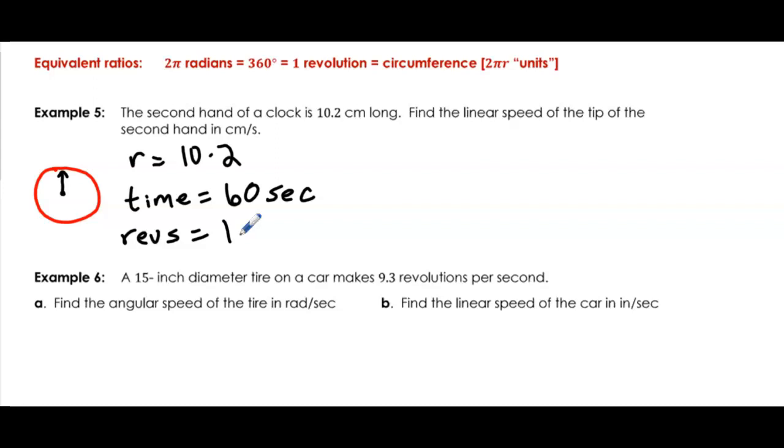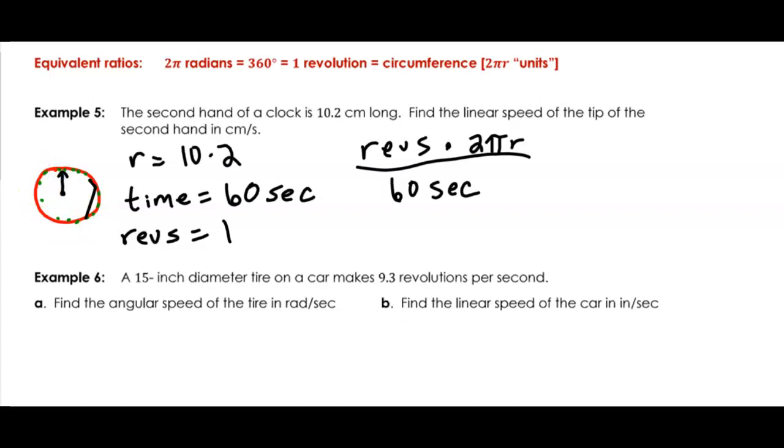Okay, so the linear speed is your revolutions times your circumference, which is 2 pi r, over the time, and we're deciding to use our 60 seconds as time. So the tip of the hand: basically what they want to know is, as this ticks around, what's the distance it would travel?